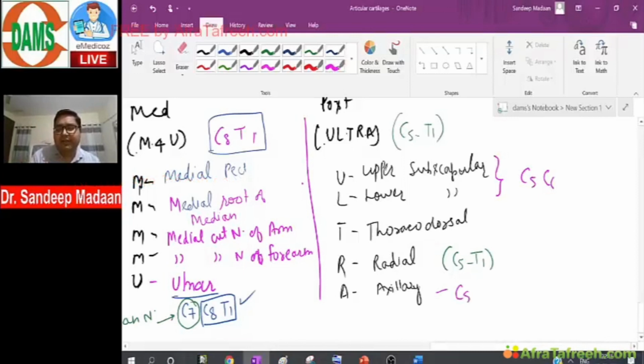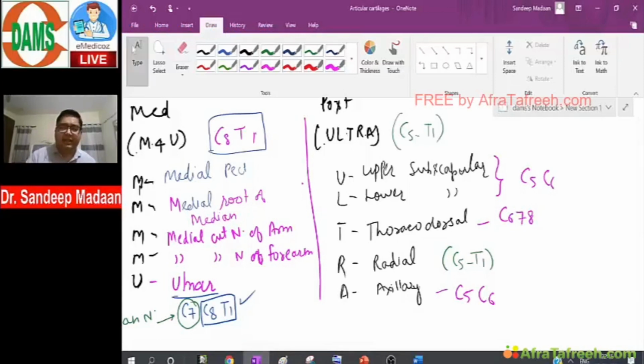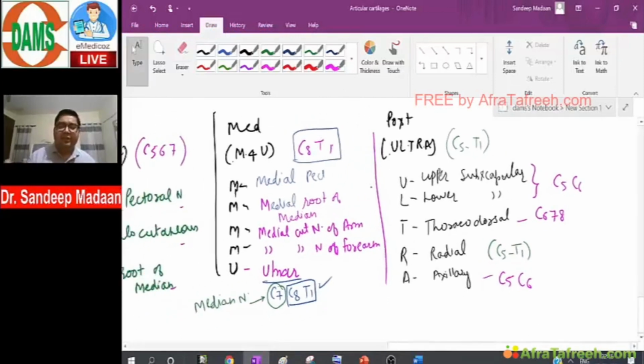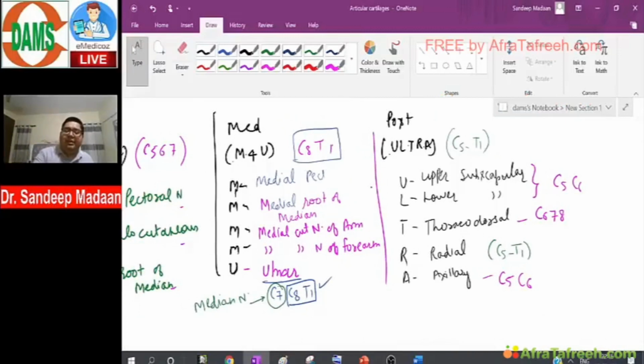Axillary is also having C5 and C6, and the thoracodorsal is C6, 7 and 8. So for the posterior cord branches, we need to remember the root value. Otherwise, it is very easy to remember the root value for the rest of the brachial plexus. So these are the branches of the brachial plexus with the root values that you have learned.